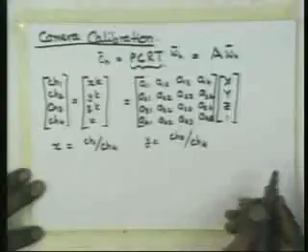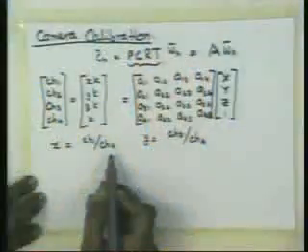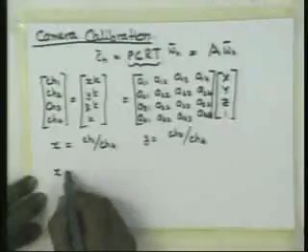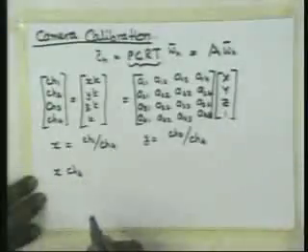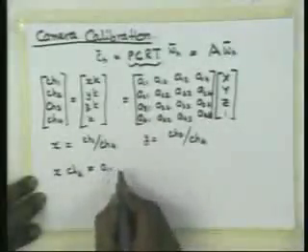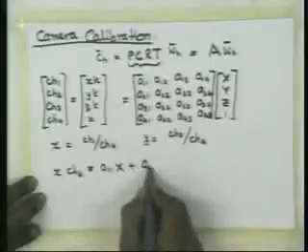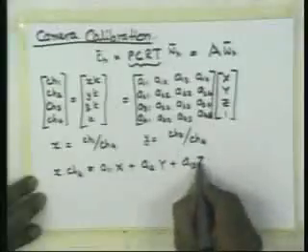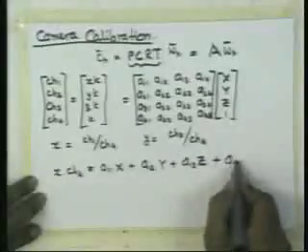Okay. Now let me multiply this right hand side out. So I will get CH1, which is nothing but x times CH4. Let me write the first row as x times CH4 equal to A11 times x plus A12 times y plus A13 times z plus A14.